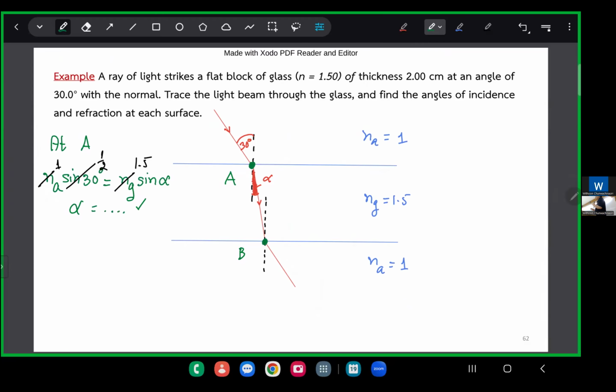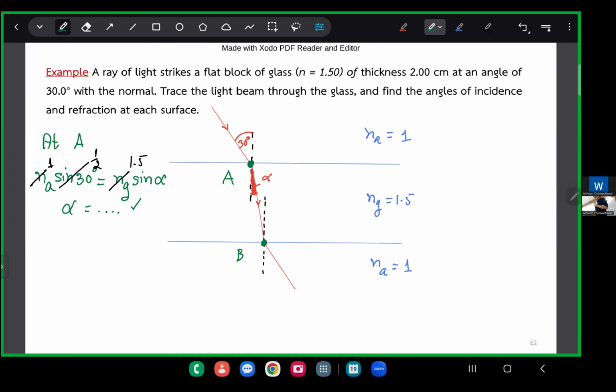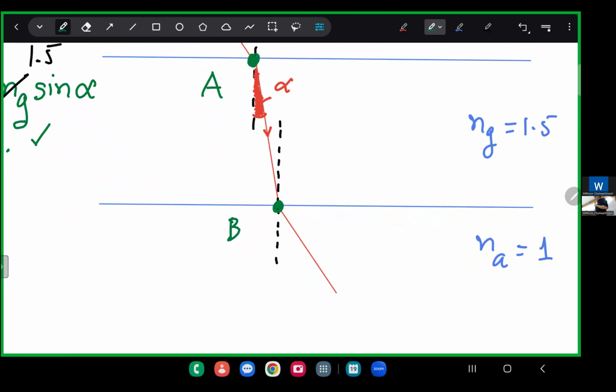And then you try to do geometry. Actually for this problem, it's still pretty good, because if the red angle right there is alpha, I know this opposite angle is also alpha. If I want to figure out what my outgoing angle underneath should be, let me name it beta.